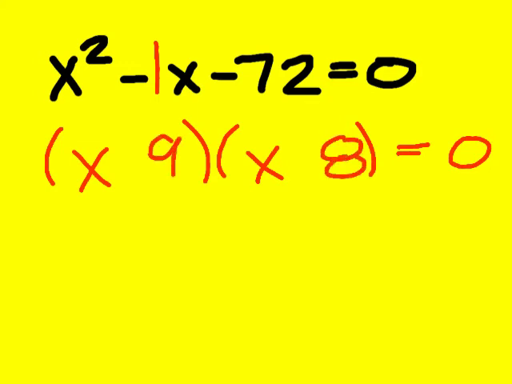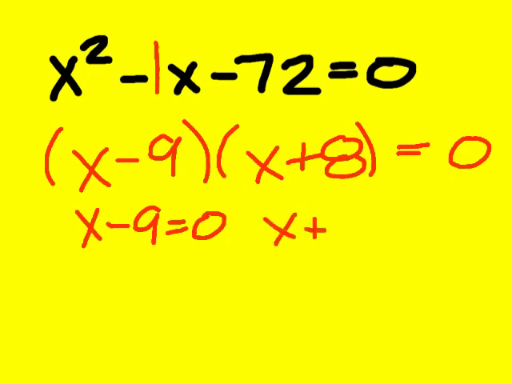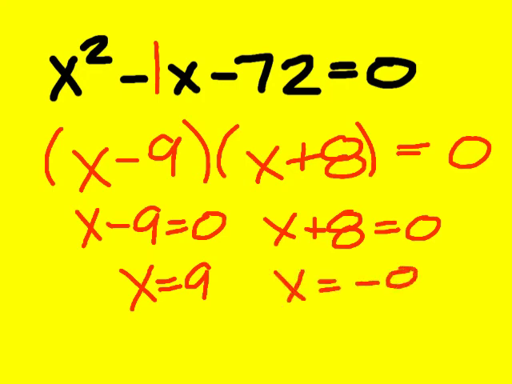Now how would I add those two together to get a -1? Which one must be negative? 9. So it's -9 plus 8. And don't forget you set each equal to 0. And when you do that, you get x is 9. And then x is -8. Should be or.